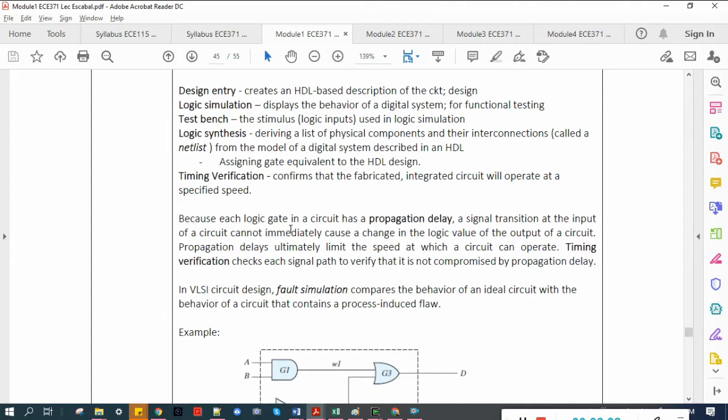Because each logic gate in a circuit has a propagation delay, a signal transition at the input of the circuit cannot immediately cause a change in the logic value of the output of a circuit. Propagation delays ultimately limit the speed at which a circuit can operate, as we have already mentioned earlier. Timing verification checks each signal path to verify that it is not compromised by propagation delay.